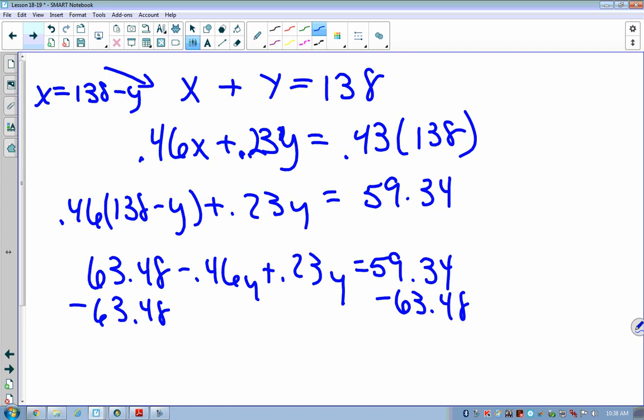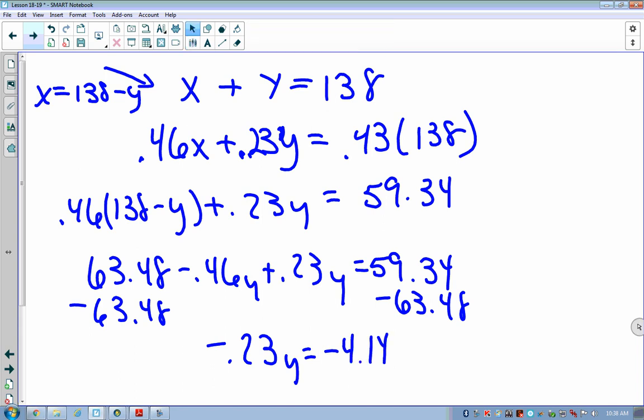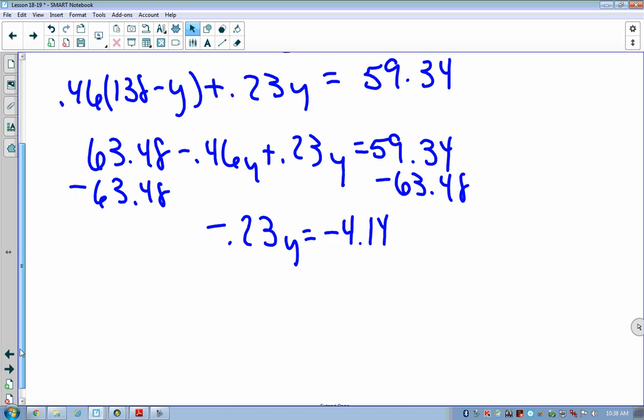Did anybody solve this using a matrix yet? Yeah, already solved it. We got negative 0.46 and positive 0.23. That's going to be negative 0.23y equals, in our case, negative 4.14. Let's see if we come to the same answers.